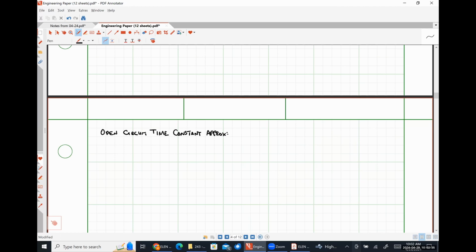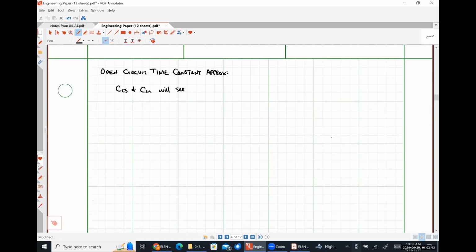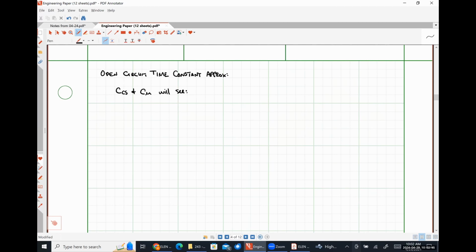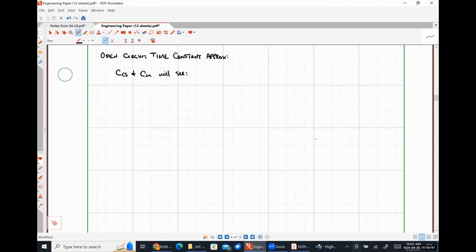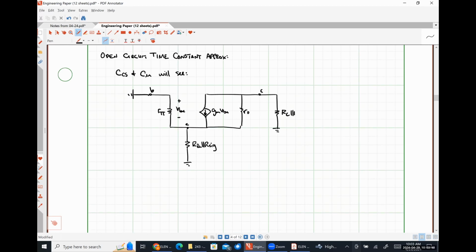So CCS and C mu will see this. Okay. So here is my base, RC in parallel with RL. And then we're looking into this node to find, let's just call it, RC mu.